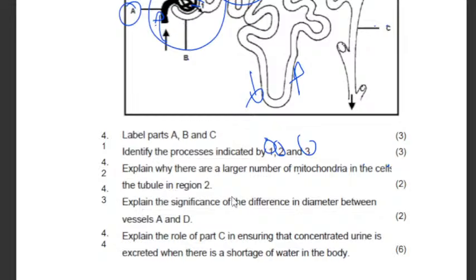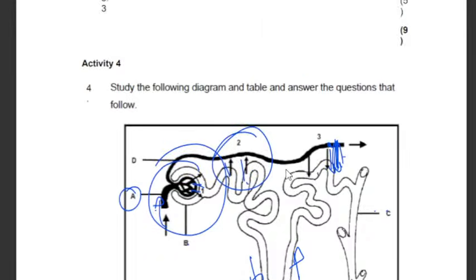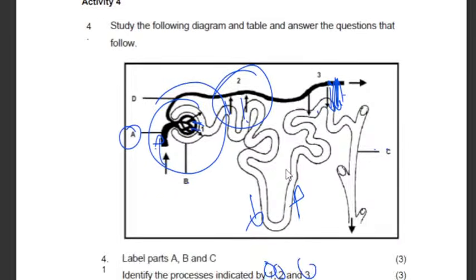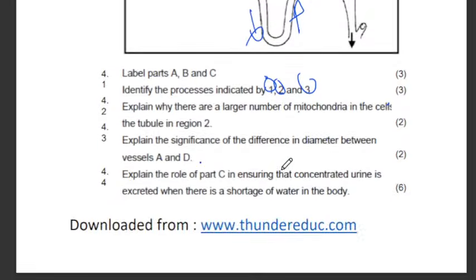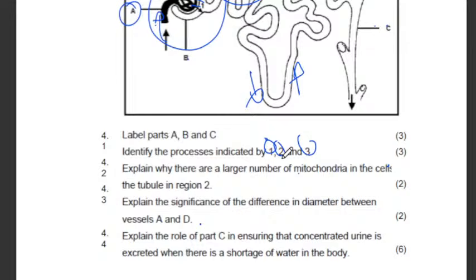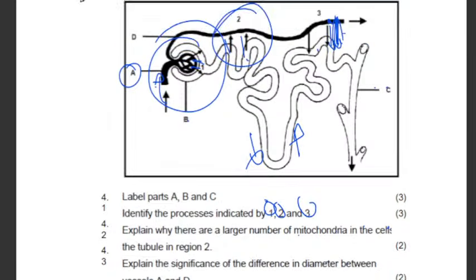They are saying, explain the significance of the difference in the diameter between vessel A and D. Where is vessel A?